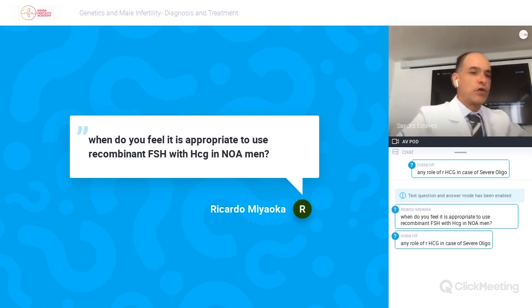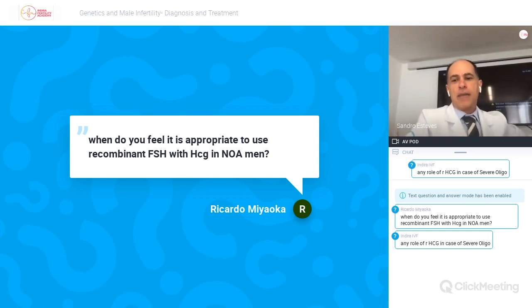So if the testosterone levels are below the threshold of 300 nanograms per deciliter, I might consider boosting testosterone production as a means of trying to improve sperm count as well. You can give HCG, you can also give clomiphene citrate. You need to monitor the endocrine profile, because if the FSH levels go very high after giving clomiphene citrate, for instance, it might be detrimental.